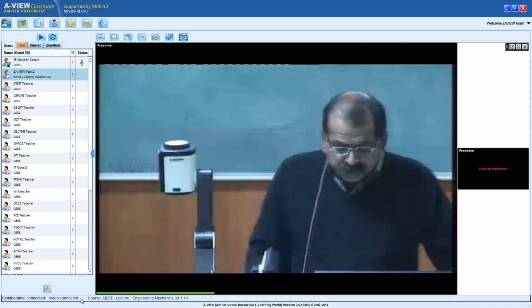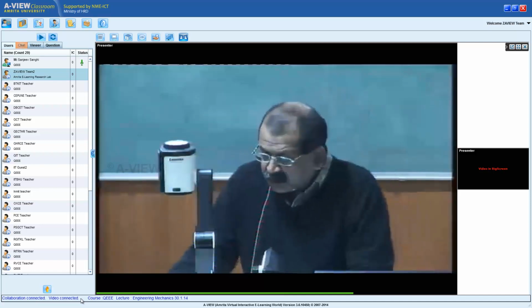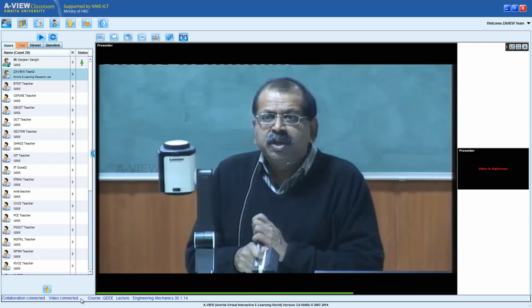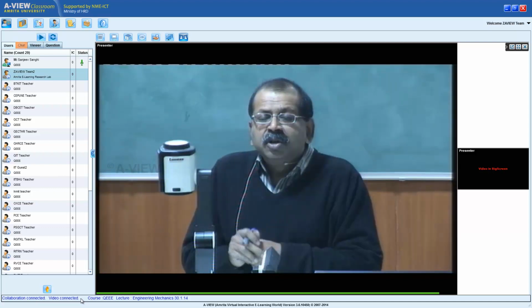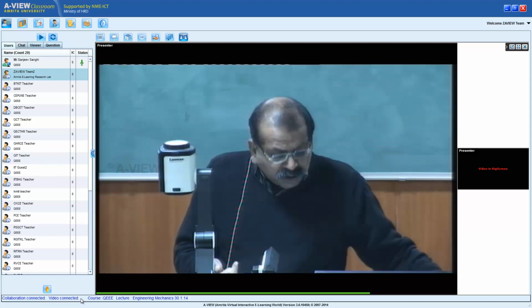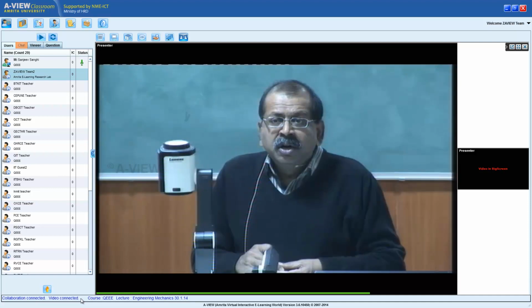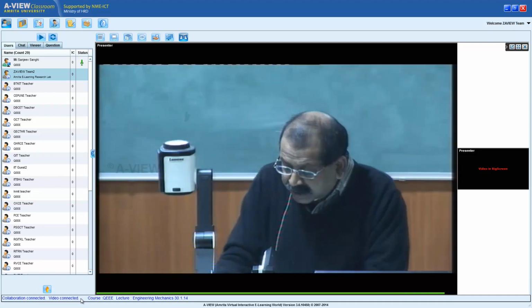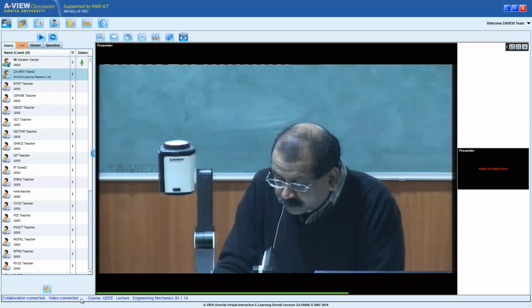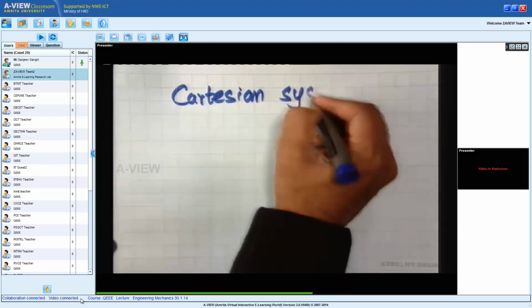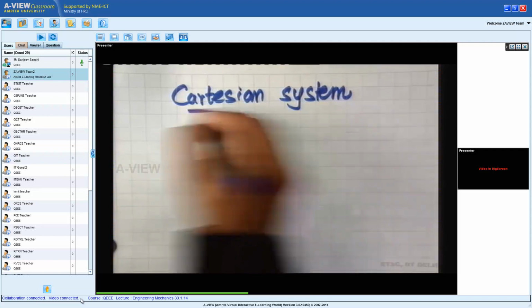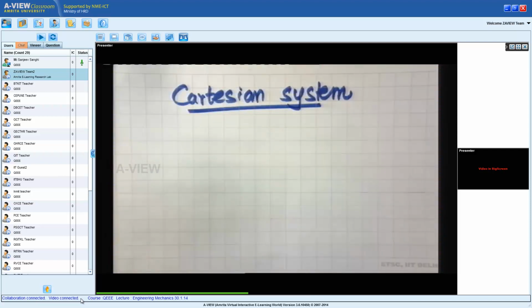So now, having seen this, let us see how these facts will be used. What we will emphasize in the course is using all these quantities which we have, forces and all, and using vector notation for that. The convenient way of representing these vectors is using a Cartesian system of coordinates.